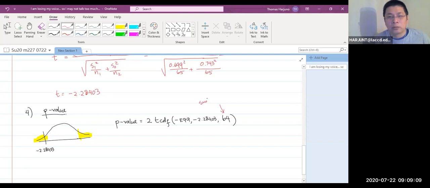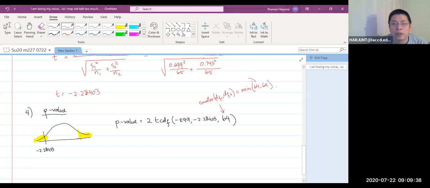Smaller degree of freedom from the first group or degree of freedom of the second group. Okay, but in this case both of them have the same degree of freedom, so we use either one. The notation is supposed to be the minimum of 64 and 64.